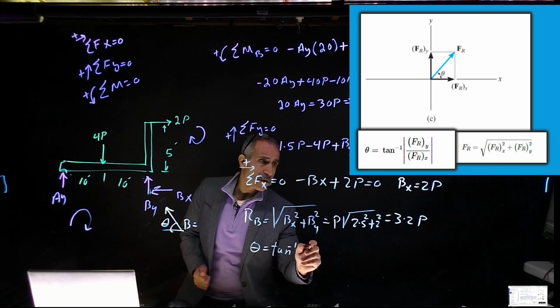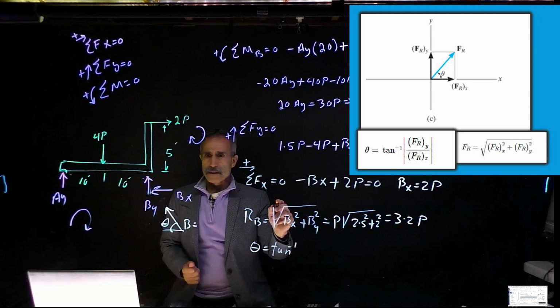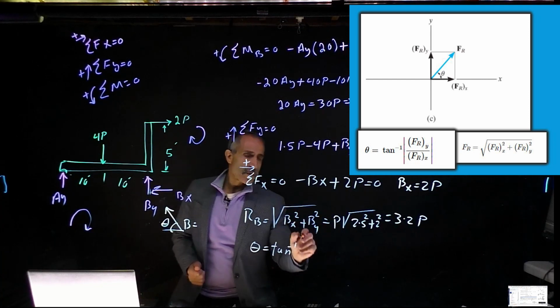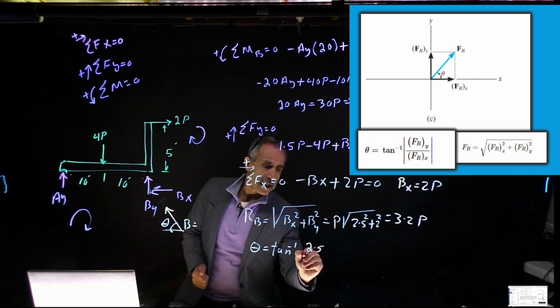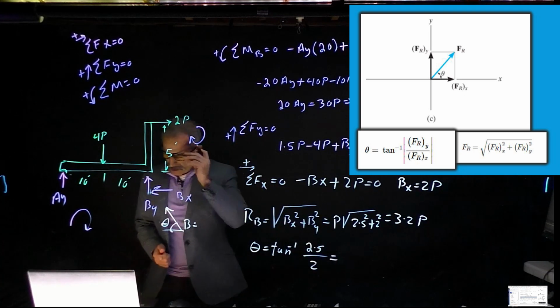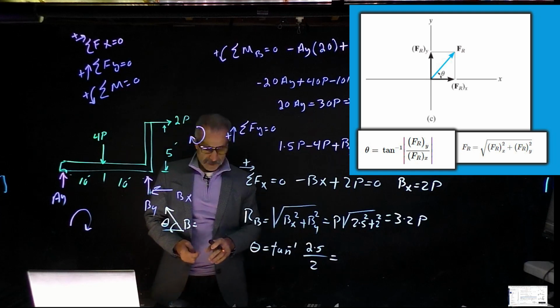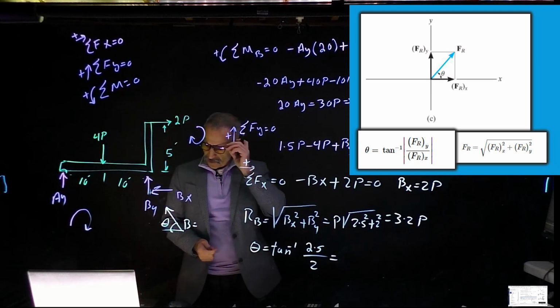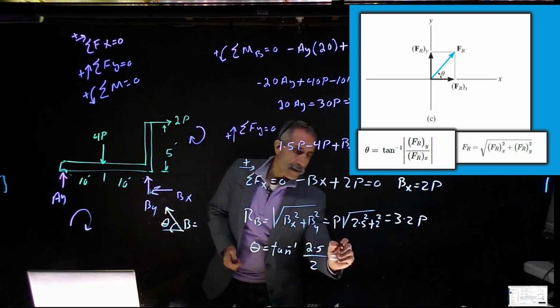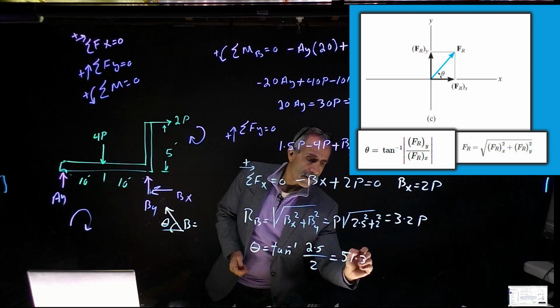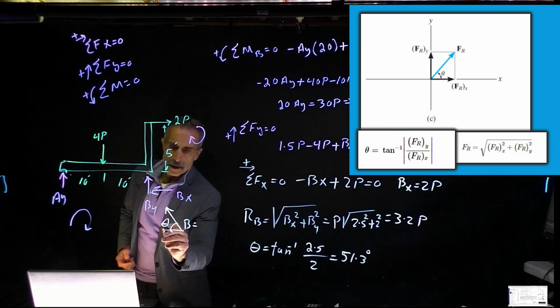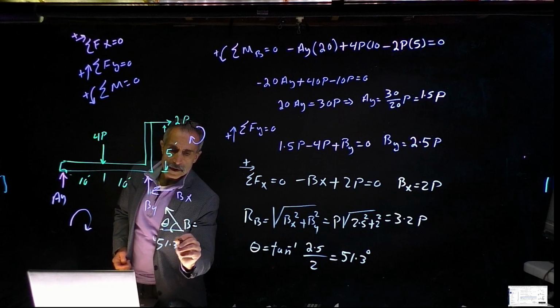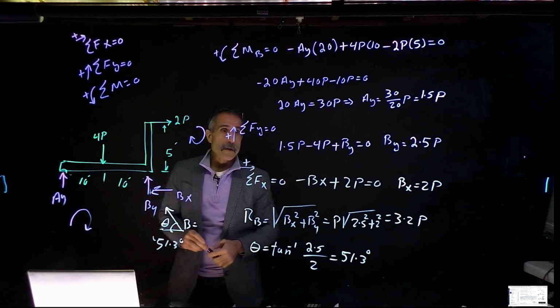It's Y over the X, which will be Y came out to 2.5 and X part came out to 2, and that should come out in the angle of 51.3 degrees, and this is 51.3 degrees. Great. Okay, great.